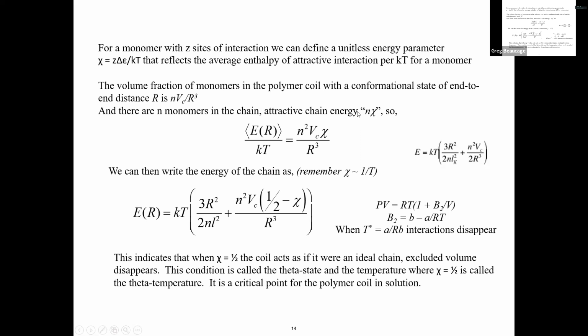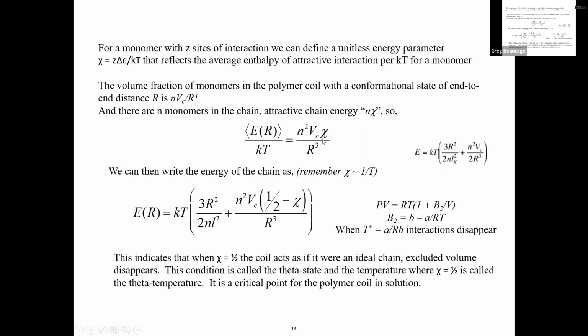So the energy of interaction per kT per chain is N times the energy of interaction per kT per unit, so that's N times chi. And within that coil of size R cubed, the occupied volume is going to be N times Vc. So you multiply the occupied volume by the energy of interaction per chain.